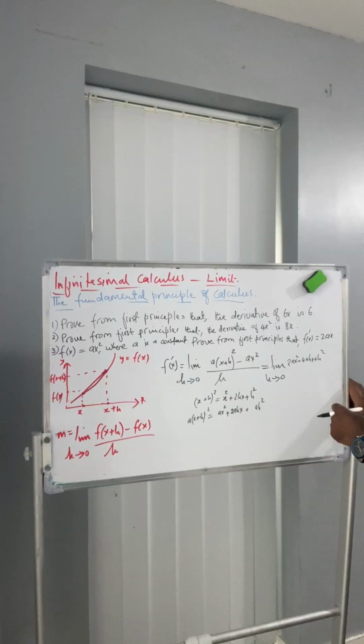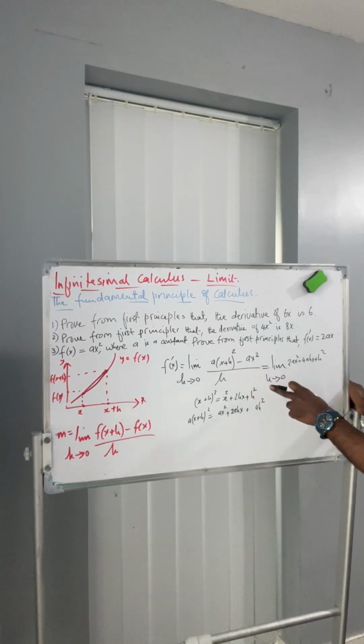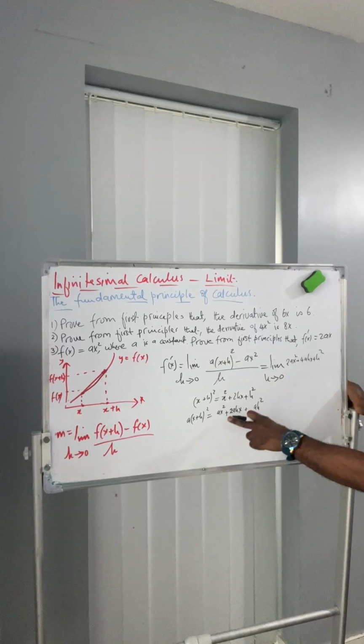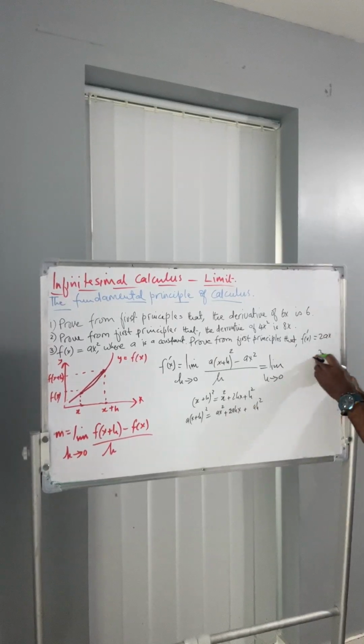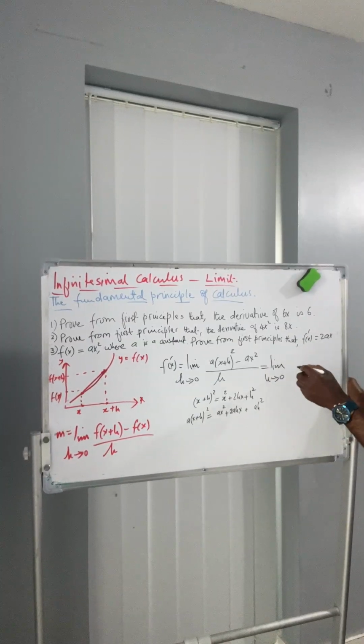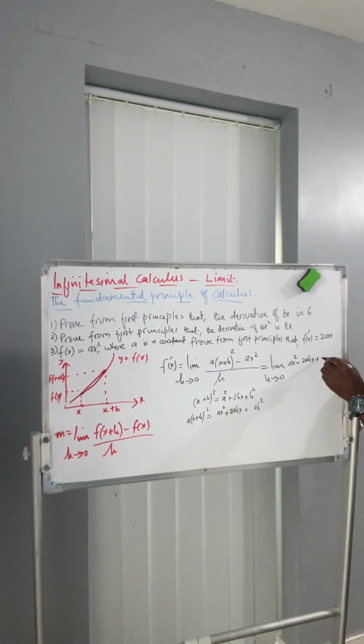Where are we now? We're having ax squared plus 2ahx plus ah squared.